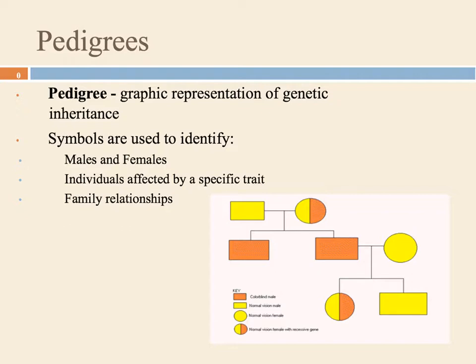And lo and behold, after the study that they did, both with my family, another family, I believe in Europe, and another family in Central America, they concluded that Parkinson's was a genetic disorder because they used a pedigree to show how the trait was being passed from one generation to the next. Alright, so pedigrees, a graphic representation of how traits are inherited. We are going to practice using these in class, so just be familiar with what a pedigree is, and we'll practice filling those out in class.